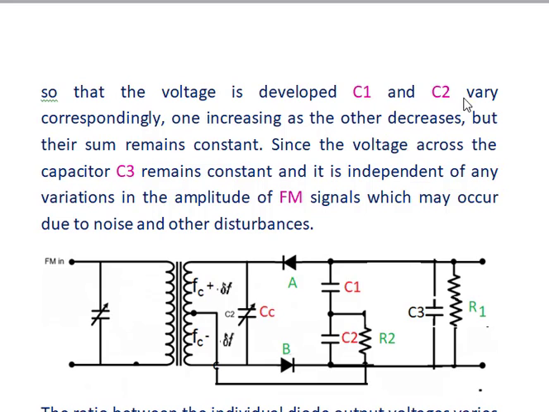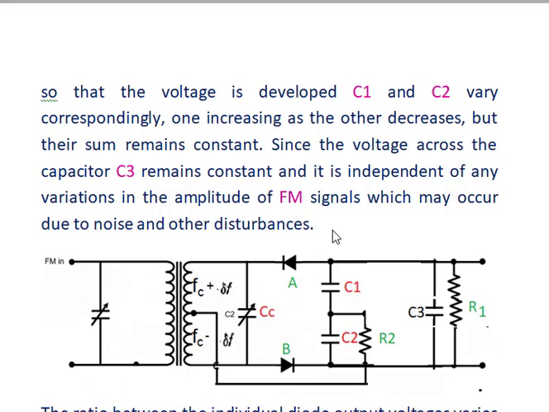of the voltages across C1 and C2 remains constant, since the voltage across the capacitor C3 remains constant. It is independent of any variations in the amplitude of the frequency modulated signal, which may occur due to noise and other disturbances.